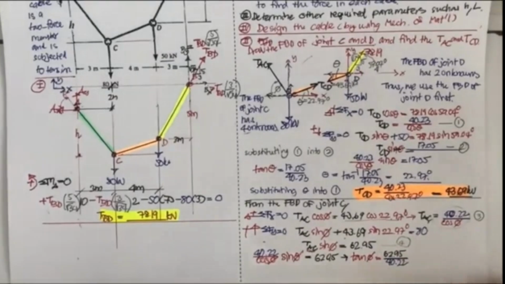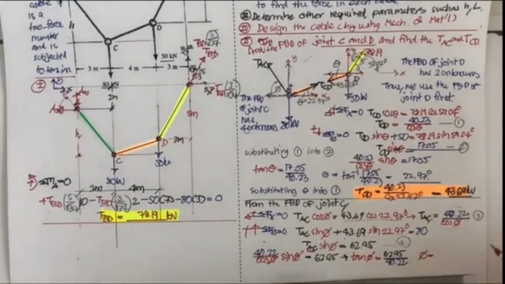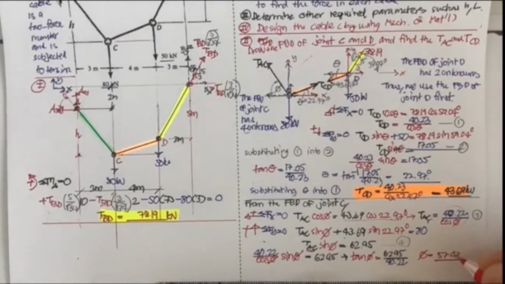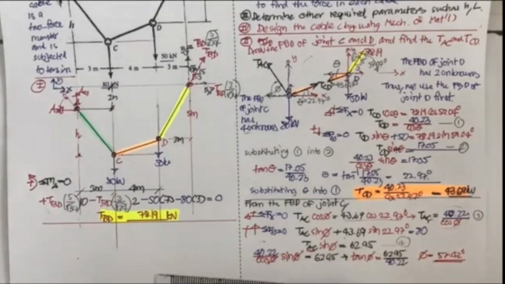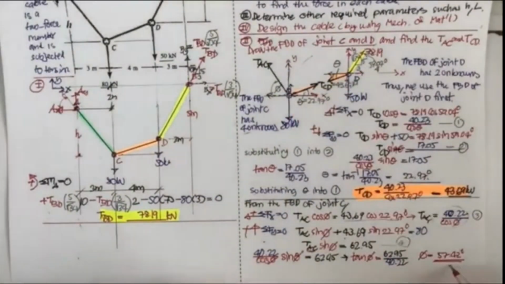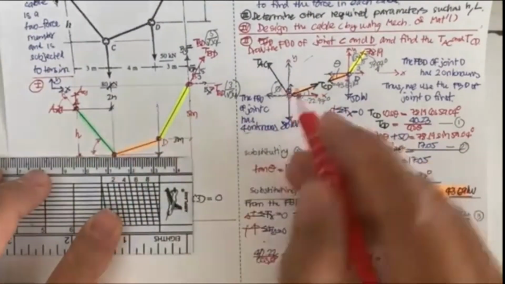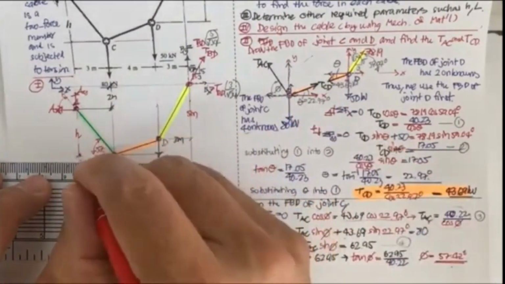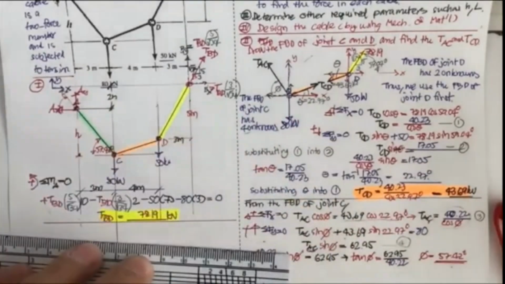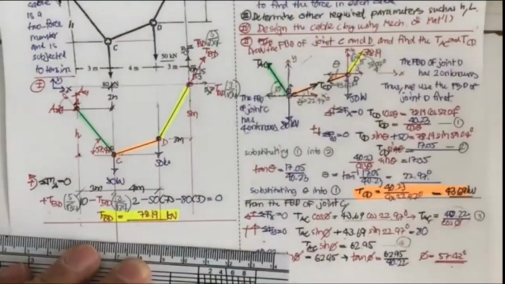Again, you may do the calculation for the phi. You may pause the clip. What you get for phi is going to be 57.42 degrees. Let me put this one as the green line.